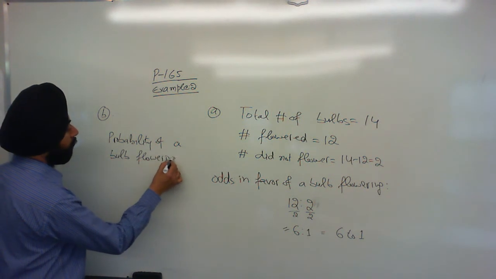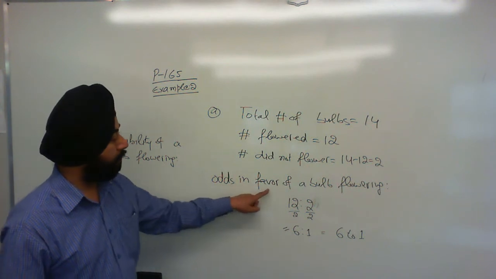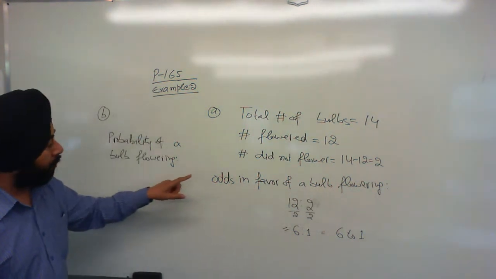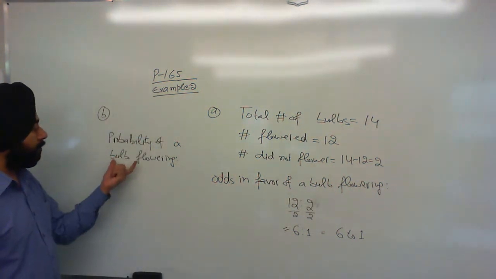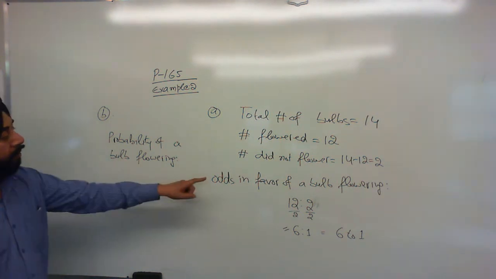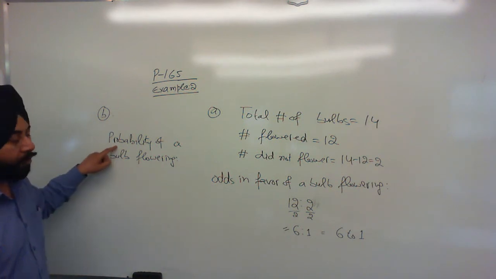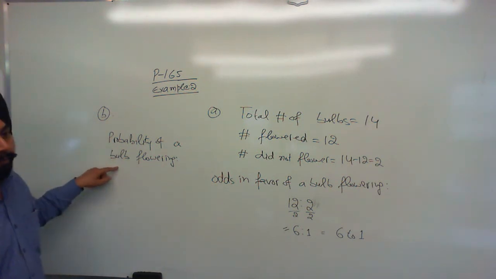So basically we are doing the same thing. The event is still a bulb flowering. But the difference is that here we found the odds in favor of a bulb flowering. Now we are finding the probability of a bulb flowering.